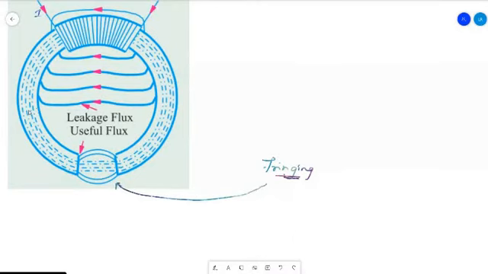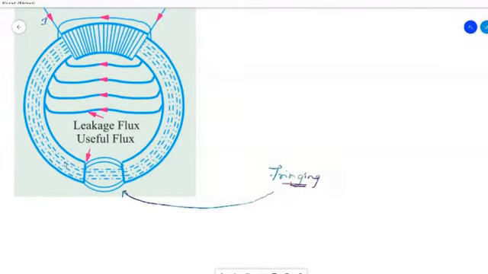Whenever the lines of force travel from one medium to another medium, due to a change in the relative permeability, mu r will be different here and here. So what happens is that a bulging effect will be observed.